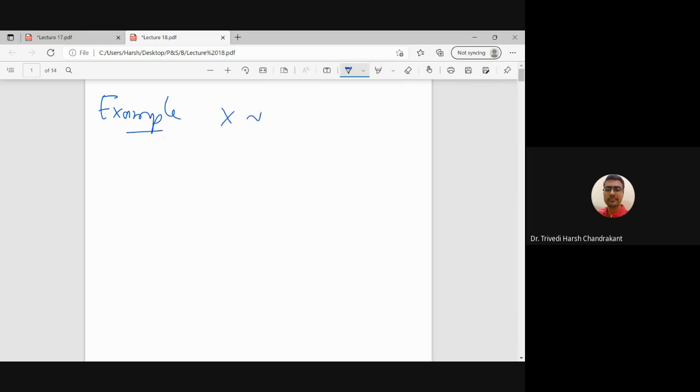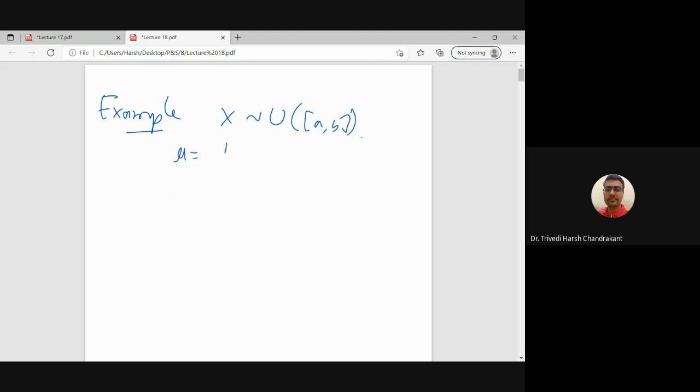What is our random variable? That is the uniform distribution over the closed interval [a, b]. We already know that its mean is (a plus b) by 2, right?